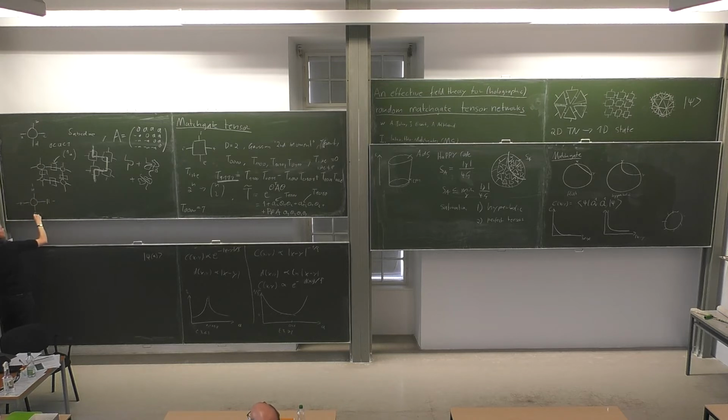Some of you who are more familiar with Hopf algebras or MPO symmetries probably know that the Z2 tensor, under applying Hadamard transformations on each leg, goes to a delta tensor.